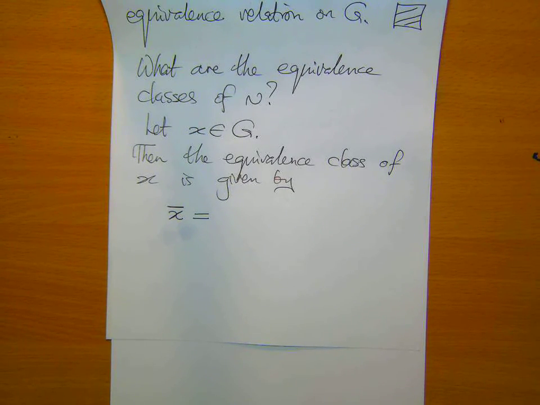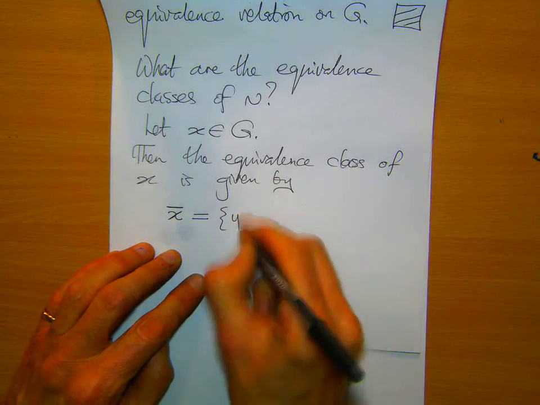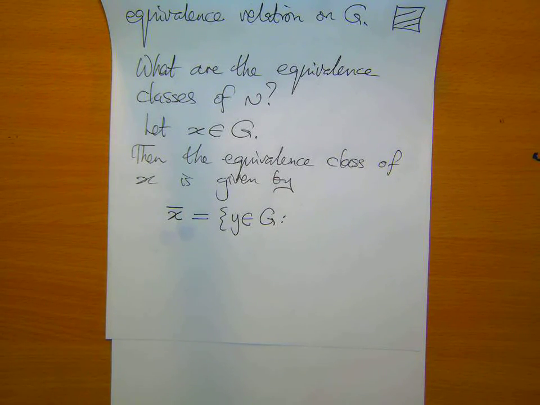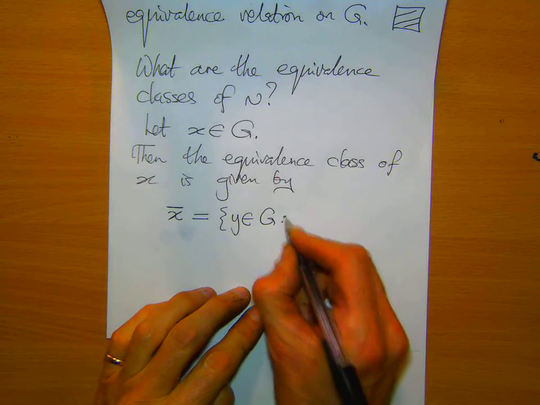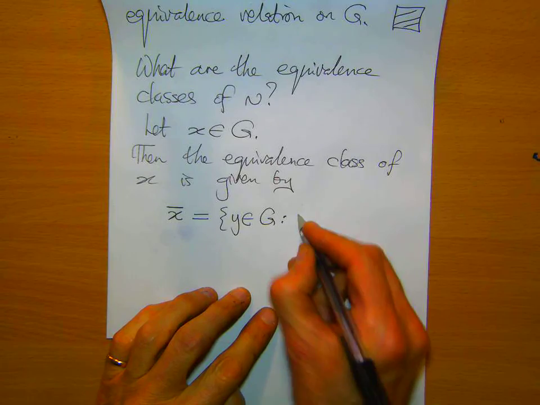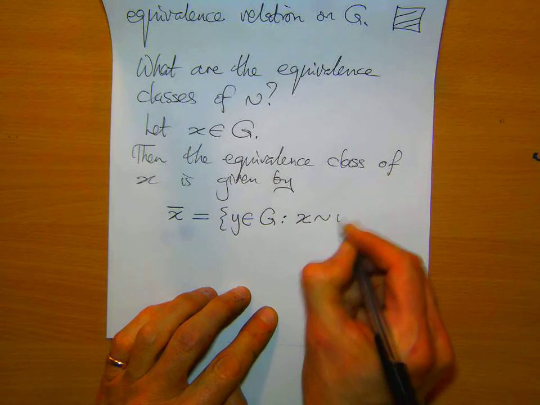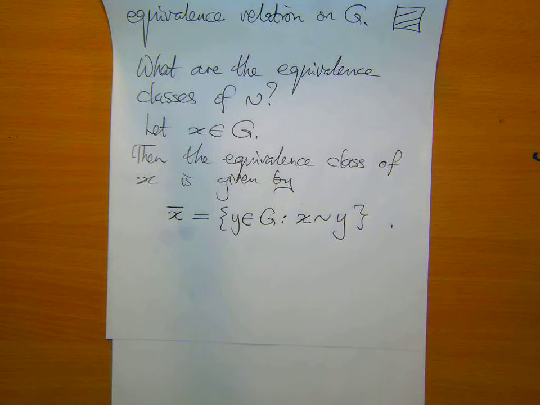So this is going to be a subset of G. So it's a set of all Y in G such that X is related to Y, or Y is related to X. It's the same thing. So it's all X's relatives put in a bag. And we're going to compute what this is.